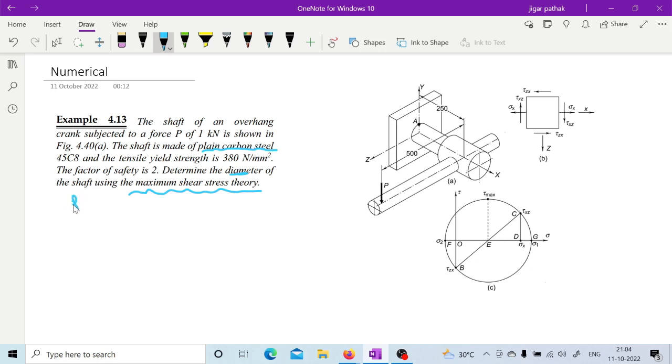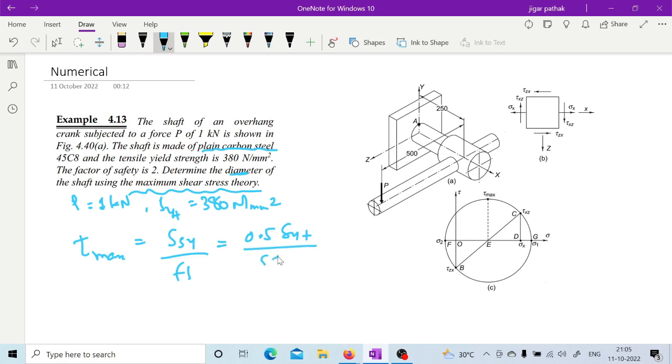So here what is given is P equal to 1 kilonewton, then SYT equal to 380 Newton per mm square. Then the permissible shear stress you can calculate from SSY upon factor of safety, where SSY is 0.5 times SYT.